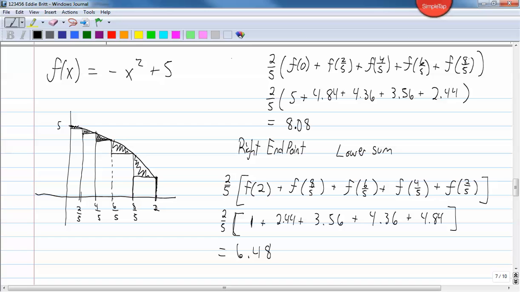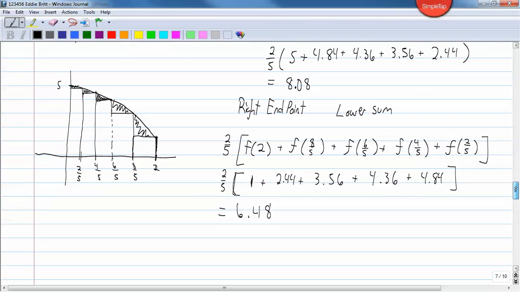The more rectangles that I put under the curve or above the curve, the closer I'm actually going to get to my exact area. Okay? That's the main reason why we do upper sums and lower sums here.